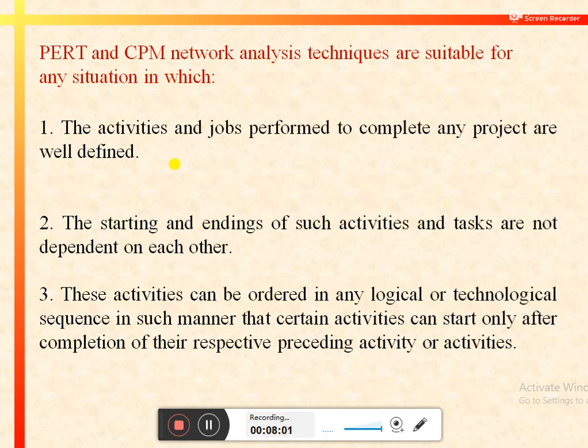So there is a precedence relationship between the activities that are performed to complete a project.